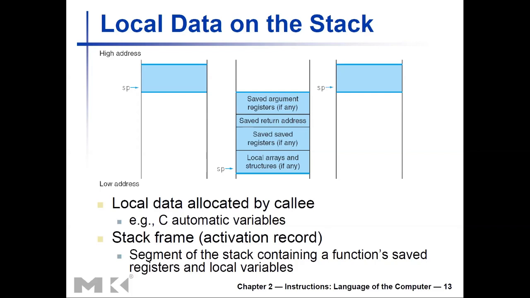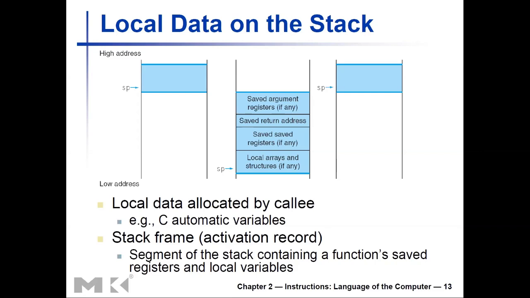So local arrays and structures are stored in the same stack. Local data allocated by Kohli, the function that is being called, is going to be stored in the stack. In C, automatic variables are the variables you define inside C functions, like A equals 10, B equals 20, and things like that.